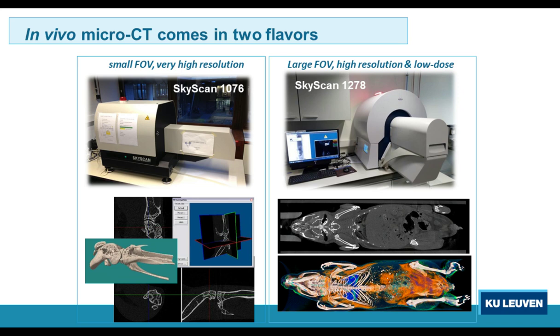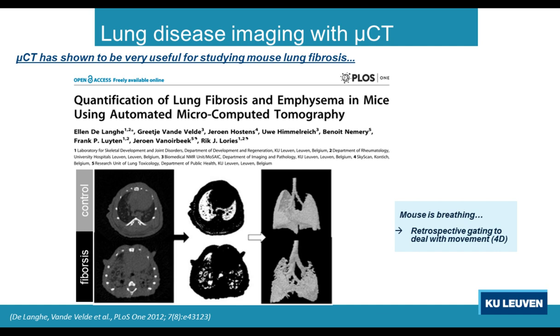And that's our workhorse for many applications that involve longitudinal imaging and soft tissue imaging, as I will also illustrate in the next moments. These two scanners are very complementary, and it all depends on what you want to do with it. So I hope to give you, in what is about to come, some more insight into what you can do with microCT in a preclinical setting.